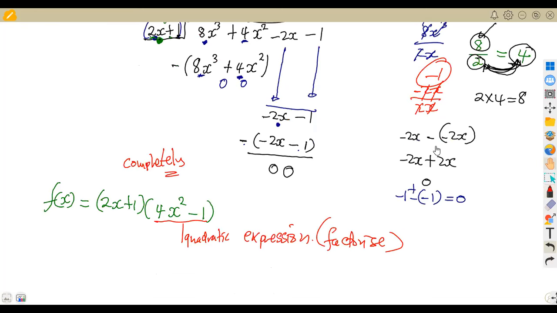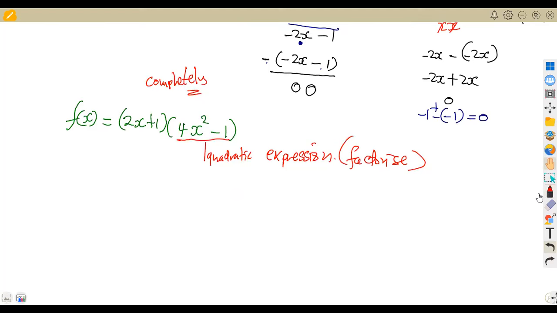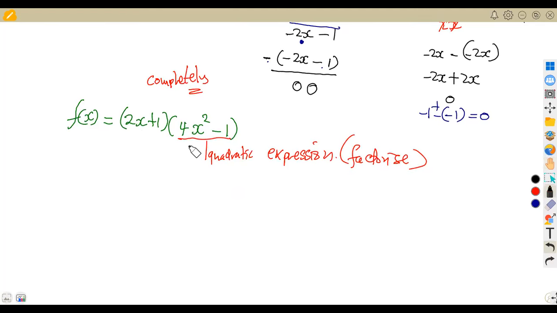You have to tell what type of expression this is and how to factorize it. This one is a difference of two squares, because we can write it as 2 squared x squared minus 1 squared, each part raised to the power of 2.